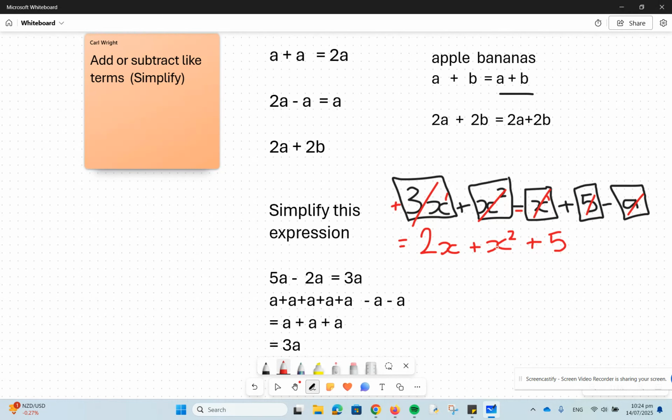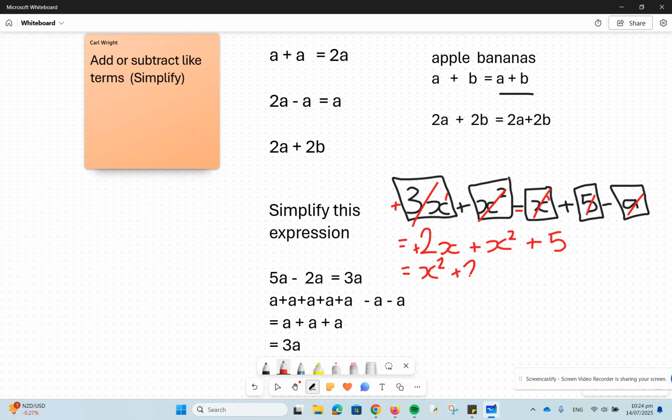Normally we order it where the one with the greatest power goes first, and then the one with the second greatest power goes second. So if I was doing a test, I'd write the x squared first because it has the greatest power, or exponent they call it, and so that's a plus x squared there. This has got all plus in front of it, it's just not written, so we'll put that next.